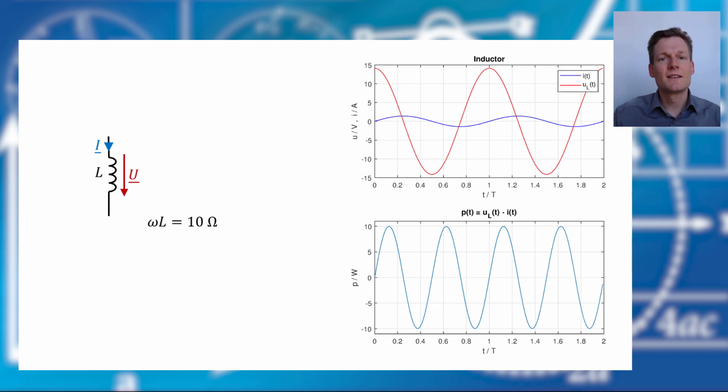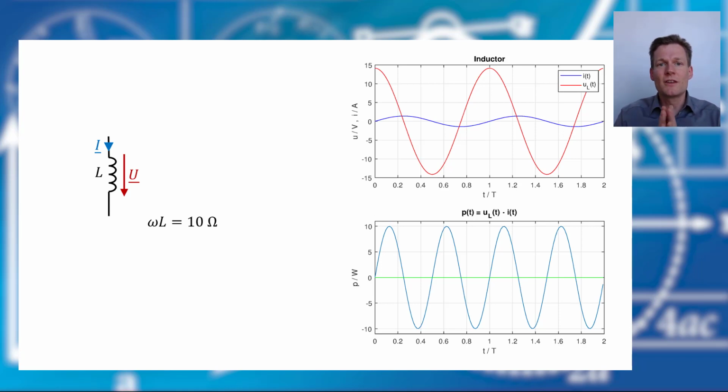Okay, so this is the electric power in dependency of the time, and the mean value is 0, as our wattmeter told us. And have a look. There is a time where we have a positive power, so our inductor consumes electric energy, but then there is a period of time where the electric power is negative, and that means that our inductor gives energy back to our network.